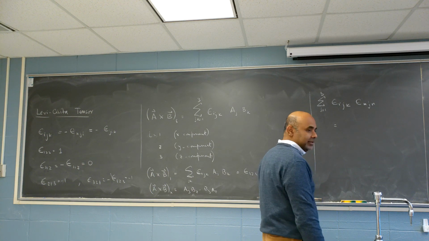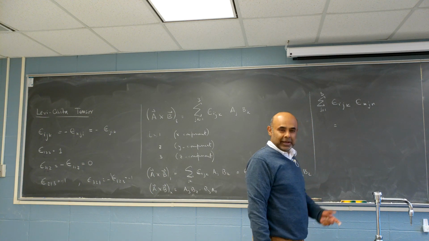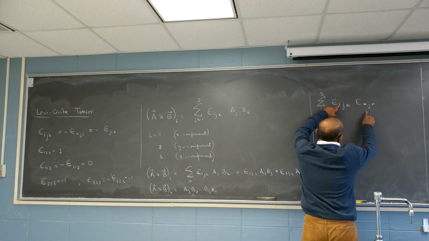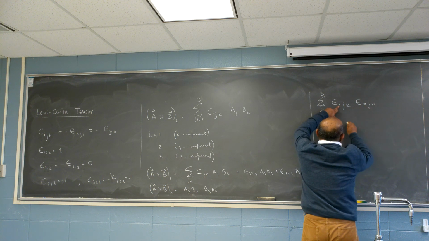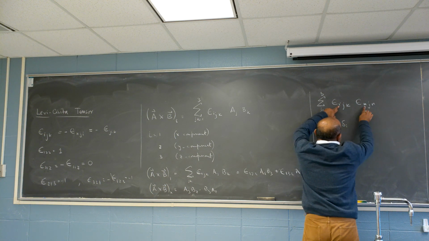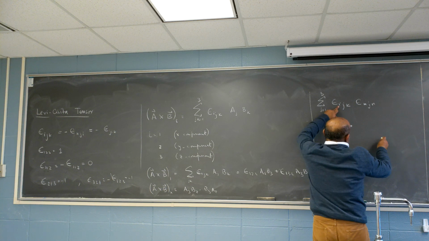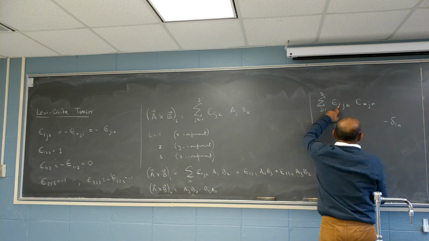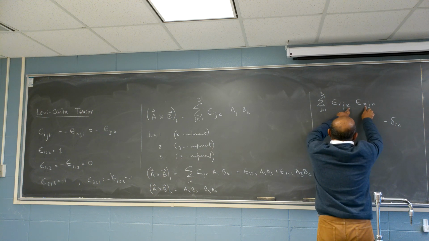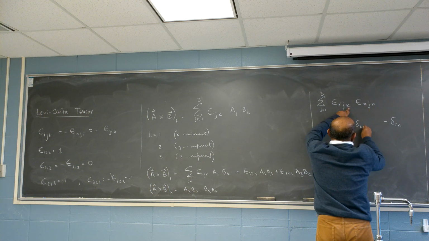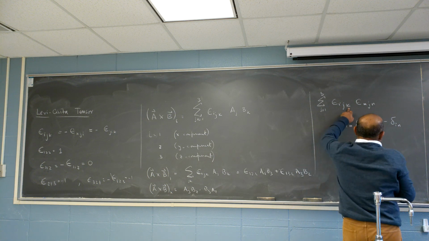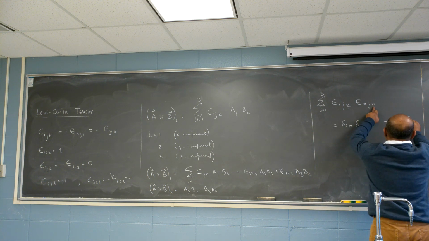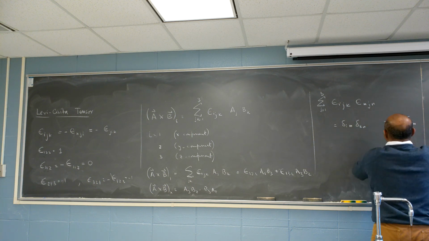There are two choices. I'll write down the answer, and then you tell me if this is correct. Either i can be equal to m, or i can be equal to n. If i is equal to m, k better be equal to n, and if i is equal to n, k better be equal to m.